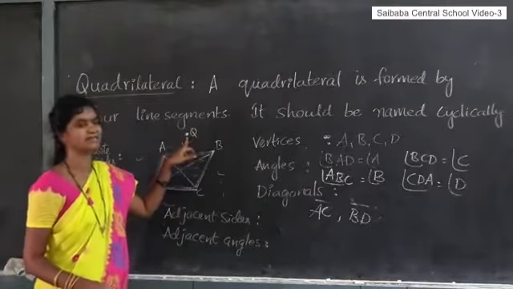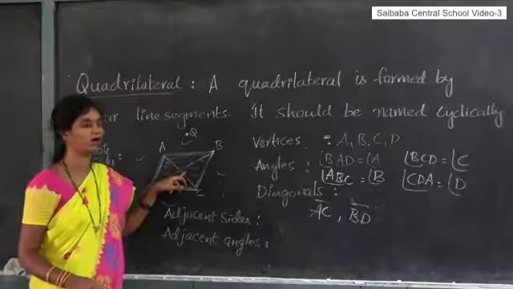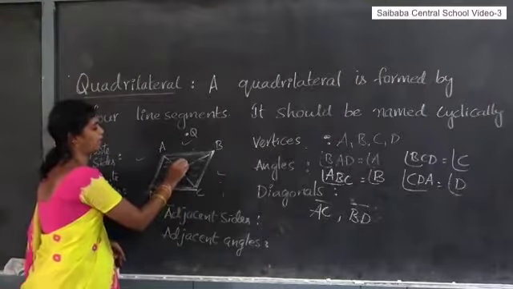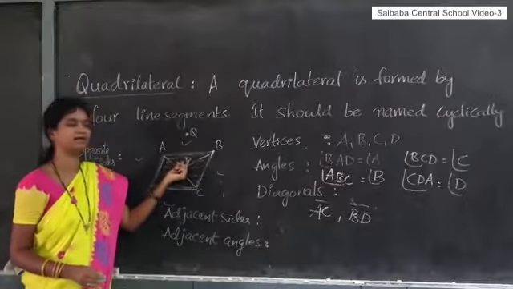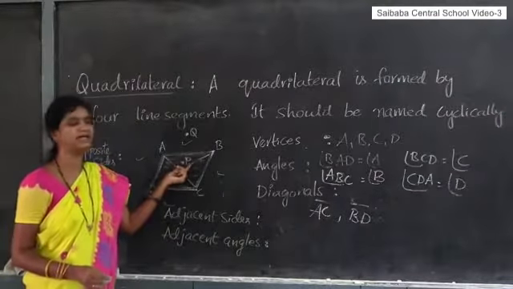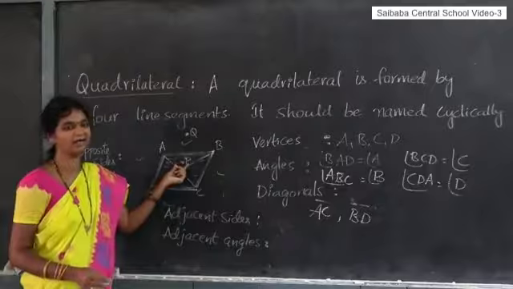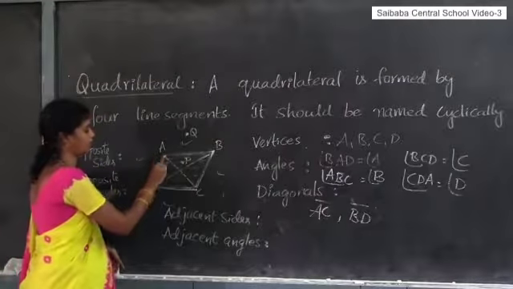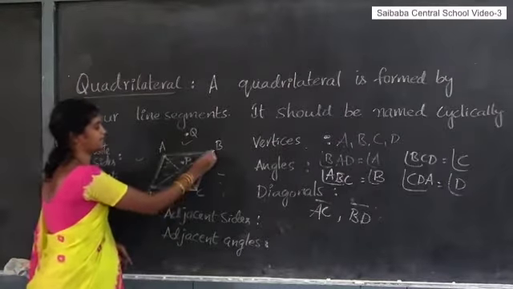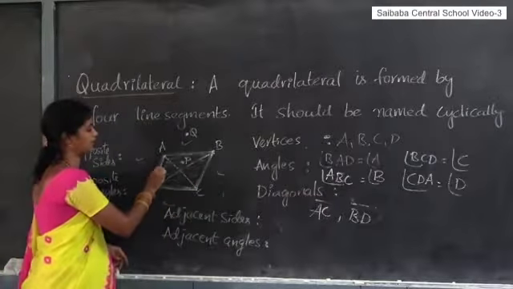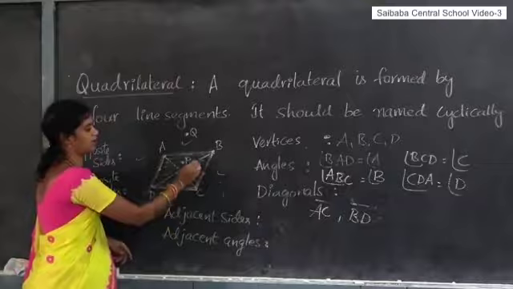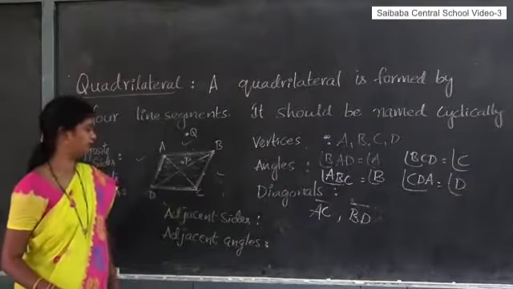We will call it an exterior point of the quadrilateral. If I take a point P here, this lies inside the quadrilateral, so we will call it an interior point of the quadrilateral. And all the points A, B, C, D are boundary points. So here also I can take a point which is called a boundary point.